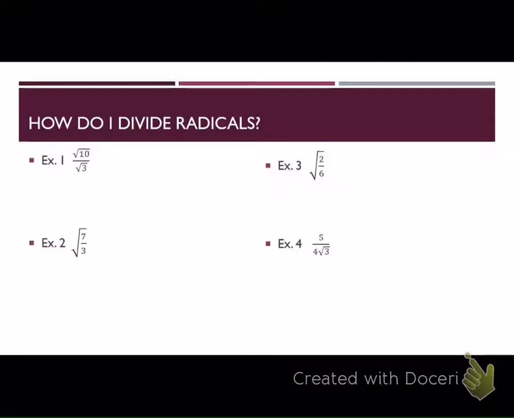So what are we going to multiply numerator and denominator by in this one here? And that's just 1, so that's why that's allowed. So we get the square root of 30 over the square root of 9. And we do our factor trees to try to simplify.